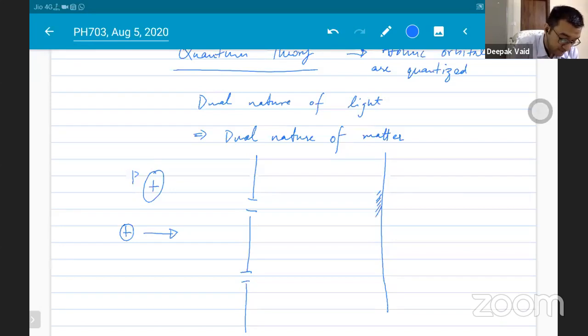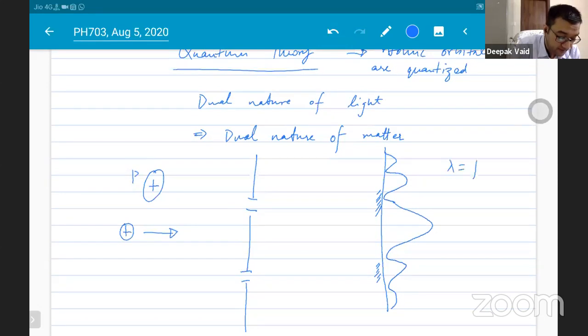Will I see just two spots? Well, what happens is that instead of seeing just two spots, what one actually finds is that you get an interference pattern. And this is pretty crazy because it's telling you that these objects, which you think of as particles, are actually behaving like waves.